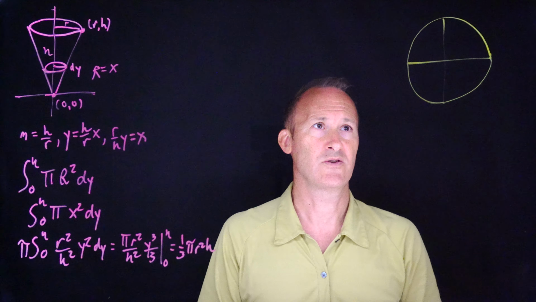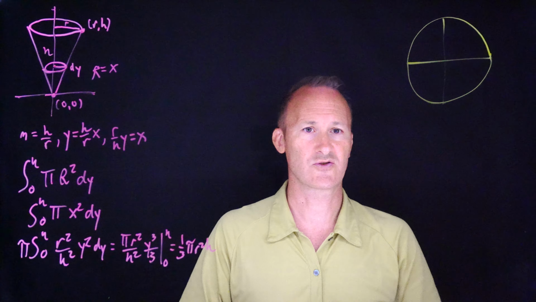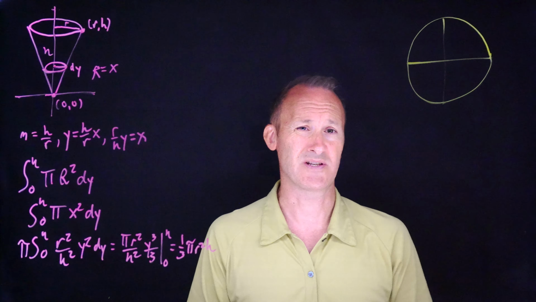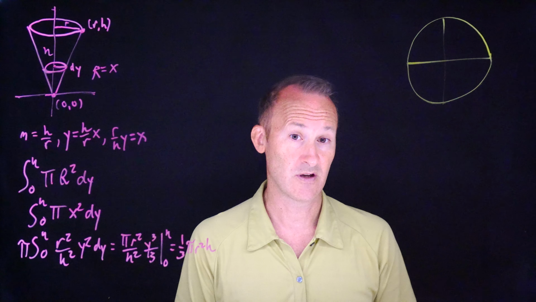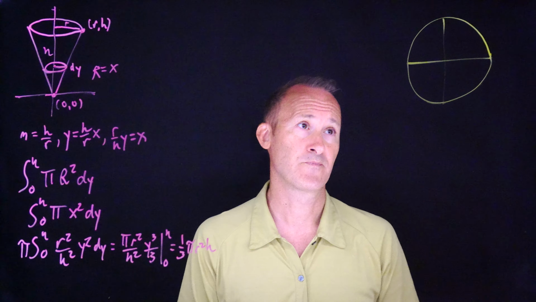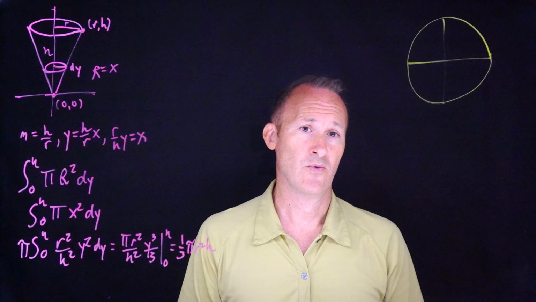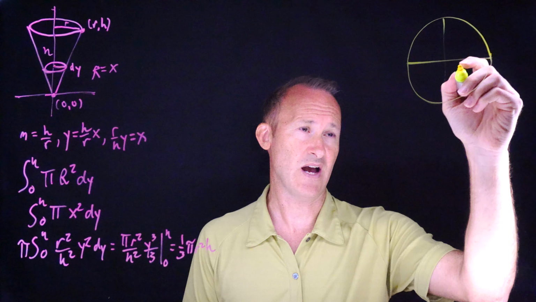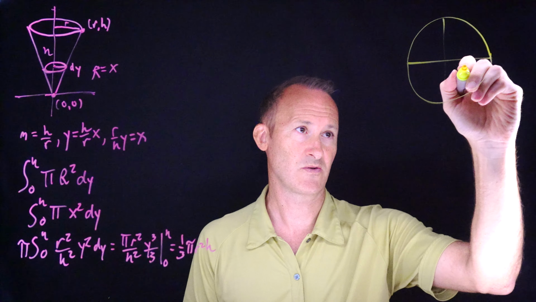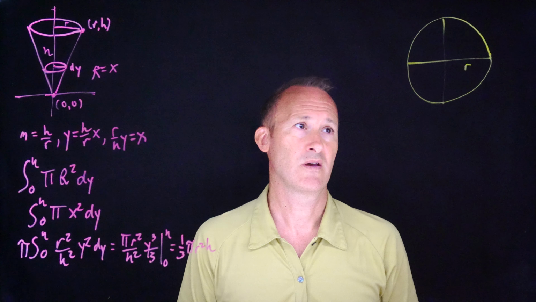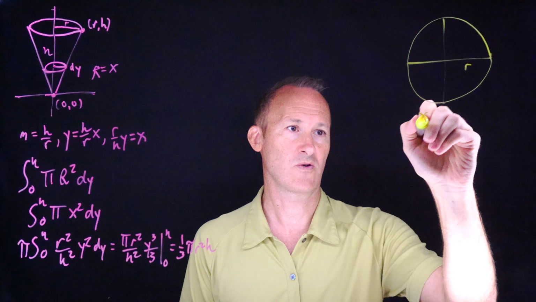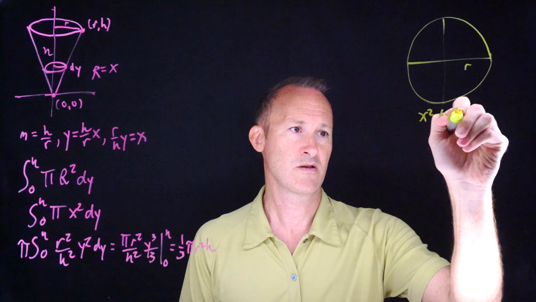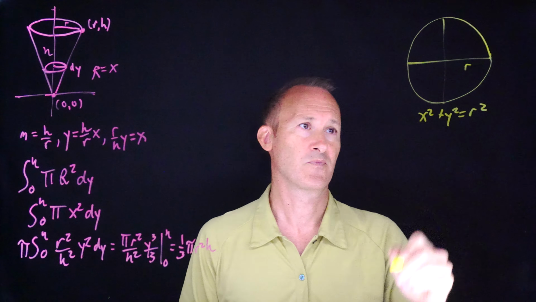You can see how if you rotate this circle around, you sort of take your pick, let's do it on the x-axis, and you end up with a sphere. Now, this sphere is going to have a radius r, so this is going to be r. And the equation for the circle would be x squared plus y squared equals r squared.